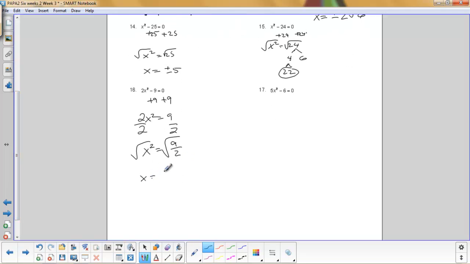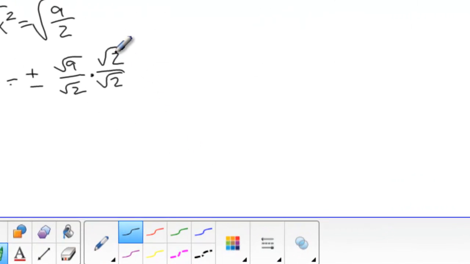X equals plus or minus the square root of 9 over the square root of 2. Remember, the square root of 9 is a perfect square, so that's 3, but I'm going to rationalize the denominator because that's algebraically proper, and I get x equals plus or minus 3 times the square root of 2 over 2.